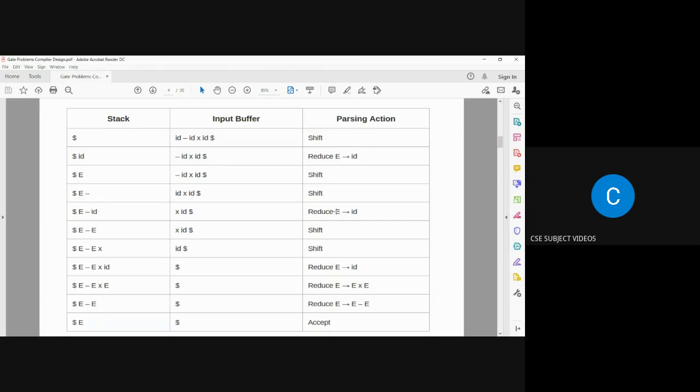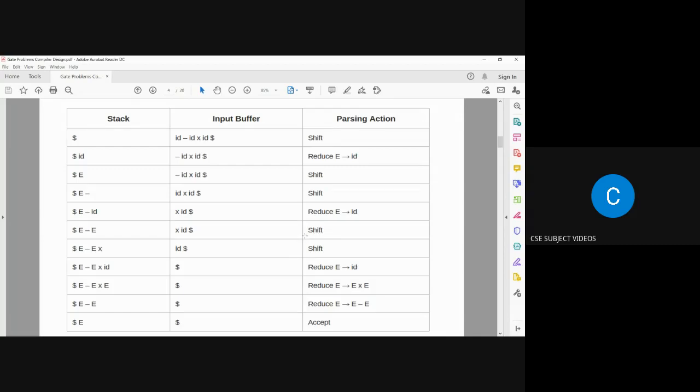According to the production E tends to id, instead of id we are replacing E, so id is reduced to E, so E minus E, with remaining input symbols into id dollar. With this step what will we do next? Shift or reduce? Shift operation.